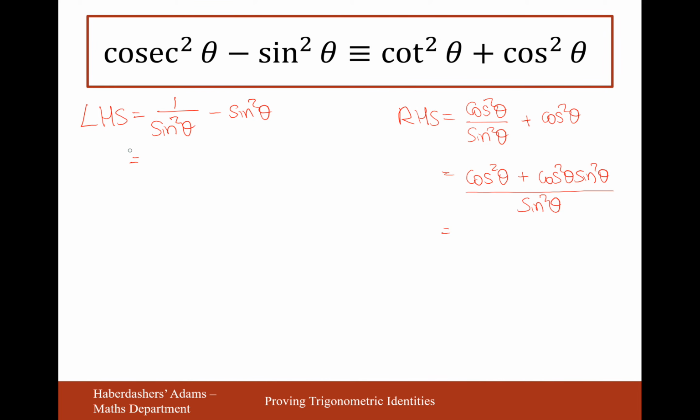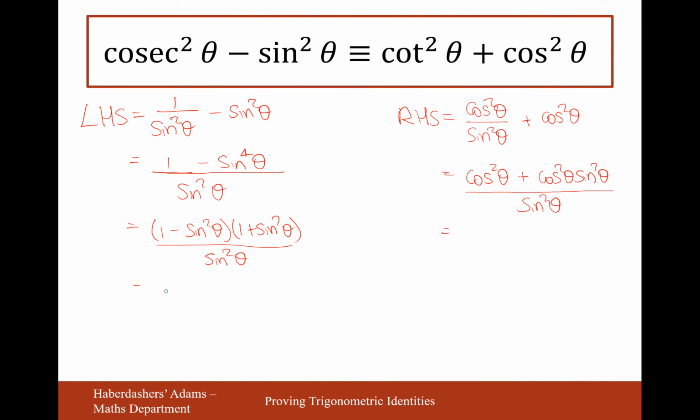I don't know, I'll work on the left hand side now I think, so this would turn into 1 over, it'll be all over sine squared theta minus sine to the 4 theta. I could do difference of two squares on this, 1 minus sine squared theta, 1 plus sine squared theta over sine squared theta.